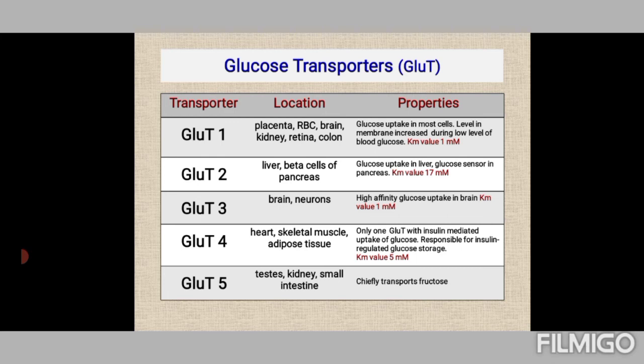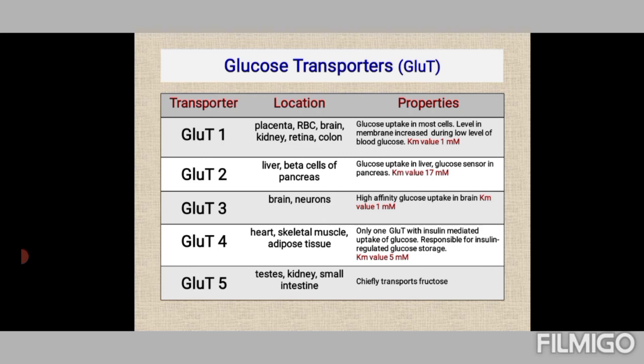Now we go to see glucose transporter 4, which is present in heart, skeletal muscle and adipose tissue, and this is the lone GLUT which is insulin dependent. So all others are insulin independent. GLUT4 is concentrated in skeletal muscle and adipose tissue, and has a moderate Km value of 5 millimoles.